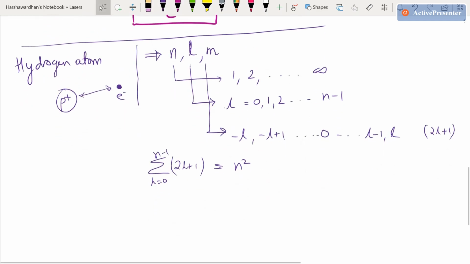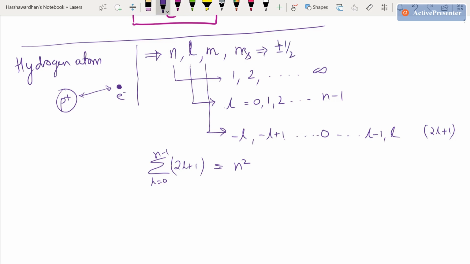And the electron itself carries an intrinsic angular momentum called the spin, and that gives us the fourth quantum number ms, which can essentially take the values plus minus half.